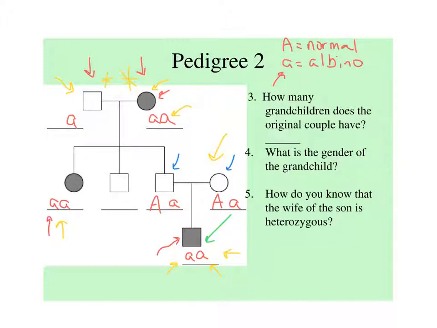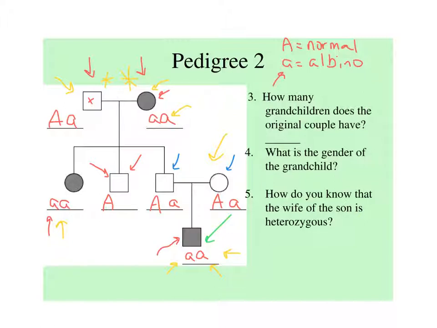And we know his other one has to be a big A, because if it was another little a, this square right here would be shaded in, but it's not. So we know that's a big A. Now, this son right here, we know his genotype because he's got to have a big A, because his box is not shaded in.